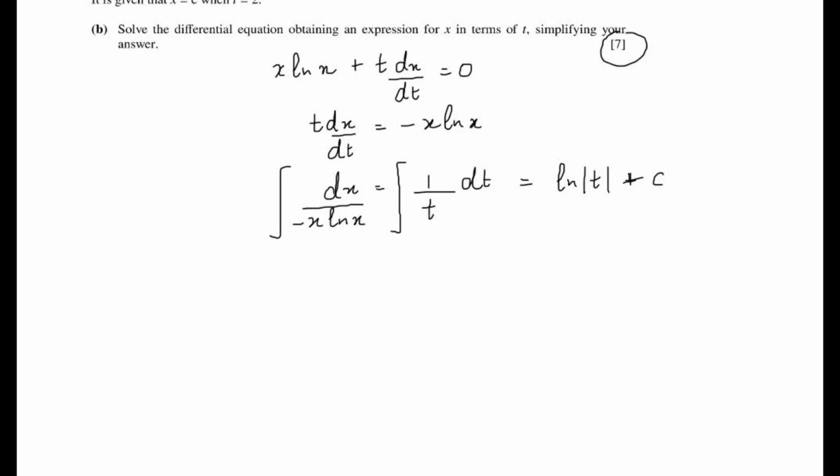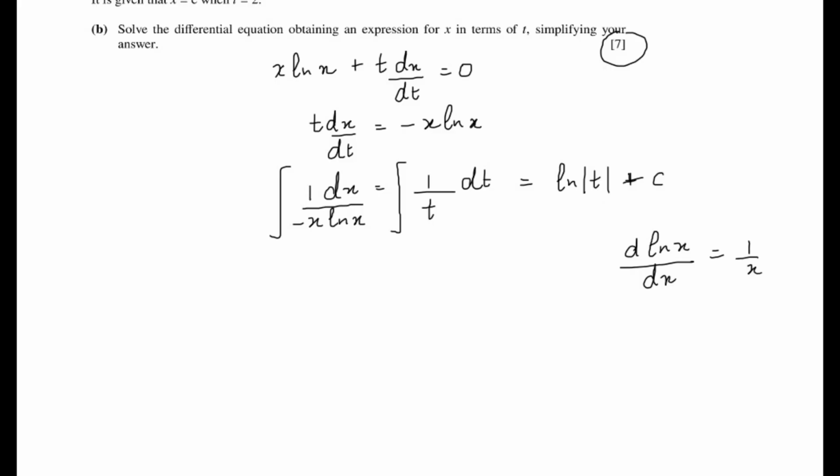The next thing we want to think about is substitution. Now, in substitution, we want to think about whether any of these terms are differentials of each other. So what I notice here is that log x's differential is 1 by x, and we do have a 1 by x right there.